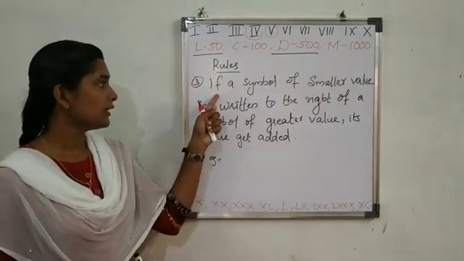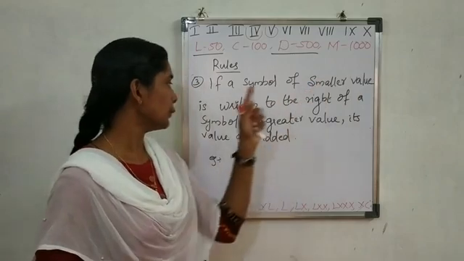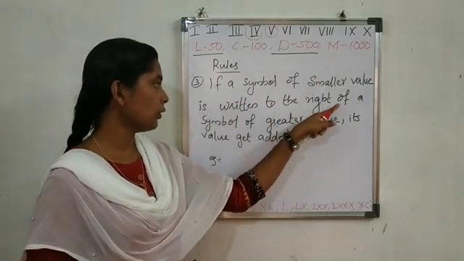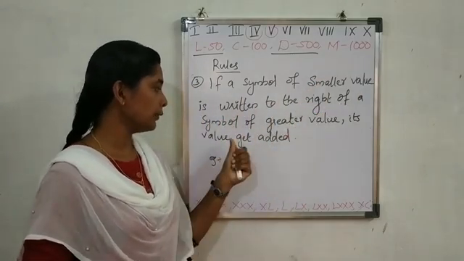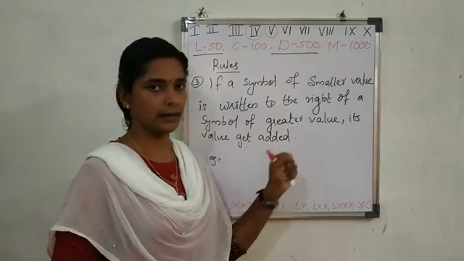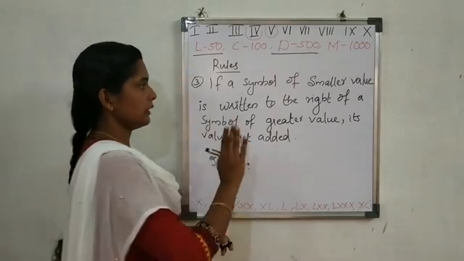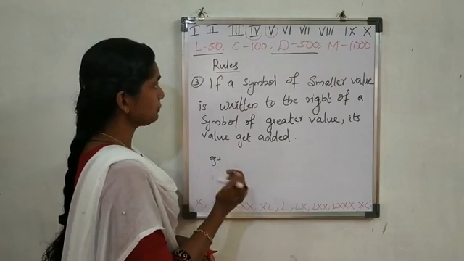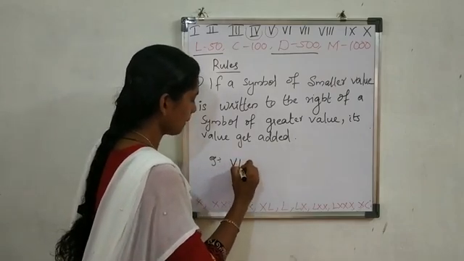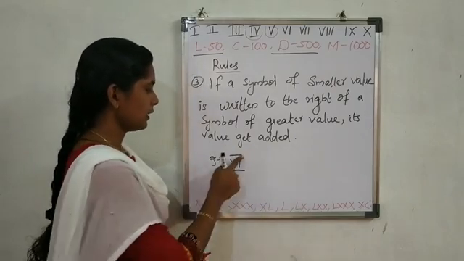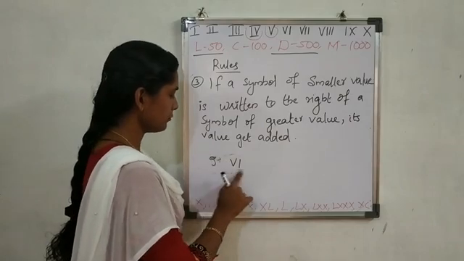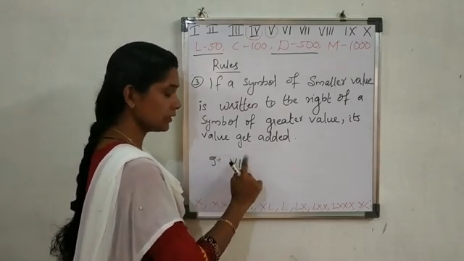Third rule: if a symbol of smaller value is written to the right of a symbol of greater value, its value gets added. I will show you by example. Here 2 symbols are there, V and this 1.